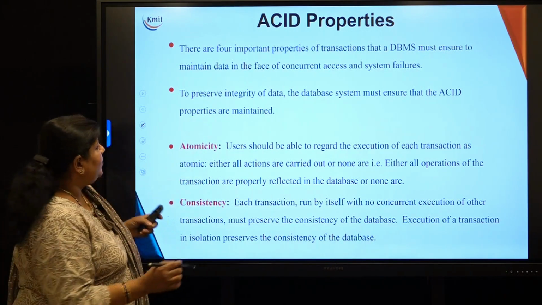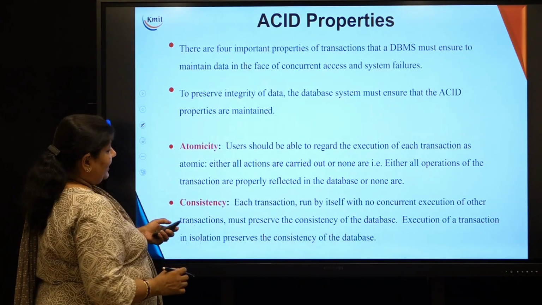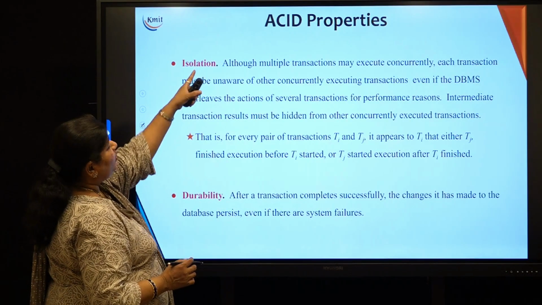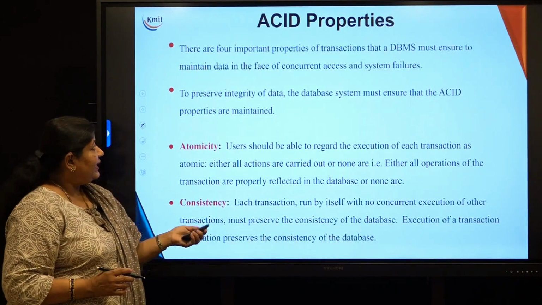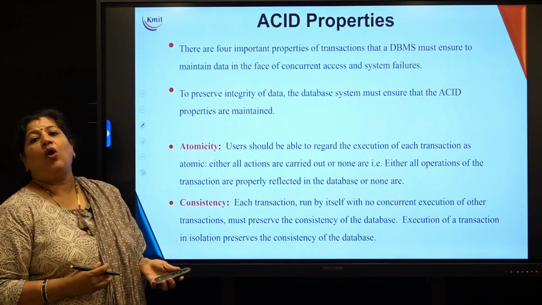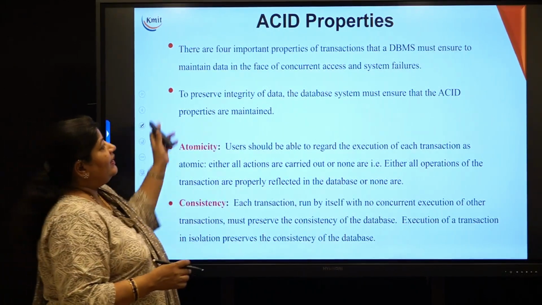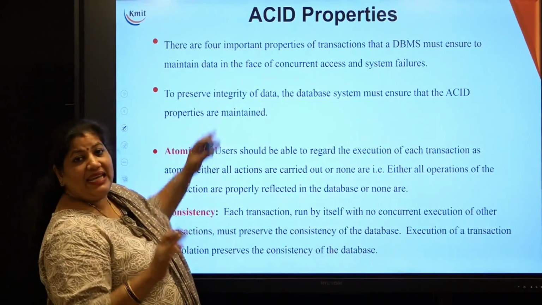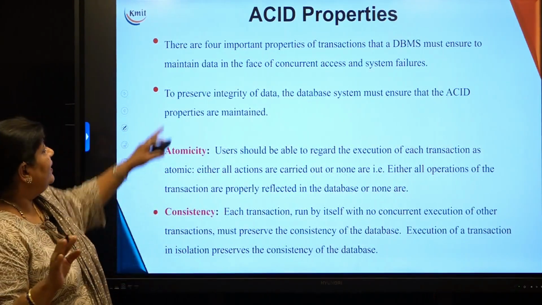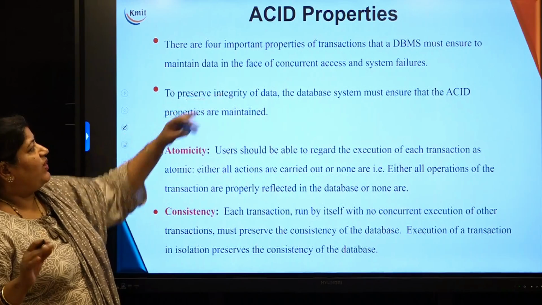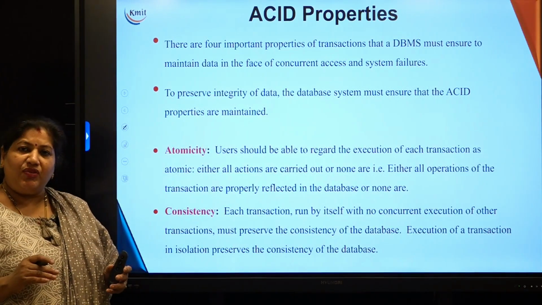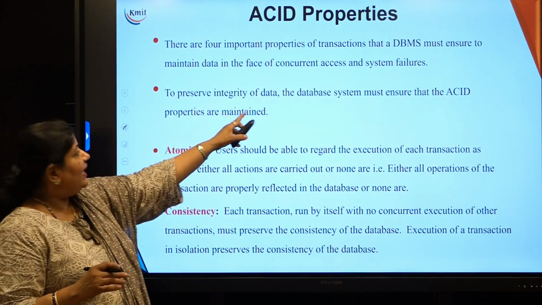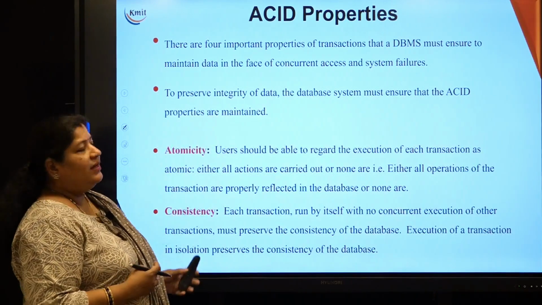It's an acronym for atomicity, consistency, isolation and durability. Remember, the DBMS has to ensure that these 4 properties hold to maintain the data in the face of concurrent access and system failures, as well as to maintain the integrity of the data.